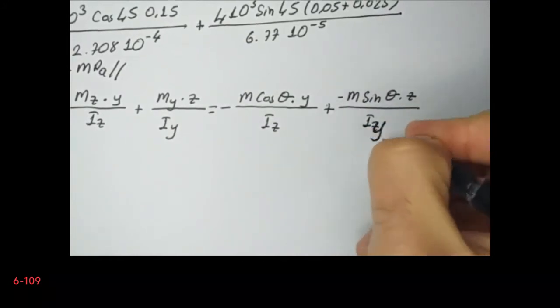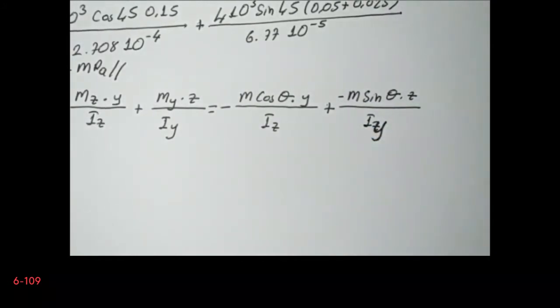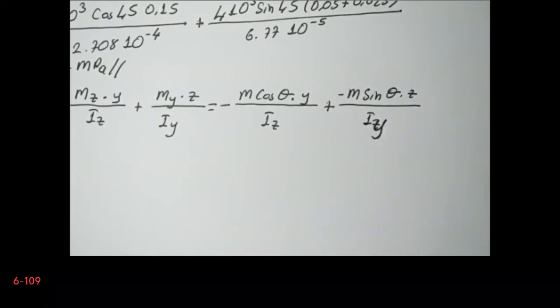Okay, so this is the expression for stress, and we already said that by definition the neutral axis is the axis on which the stress is zero. So let's say that this is equal to 0.